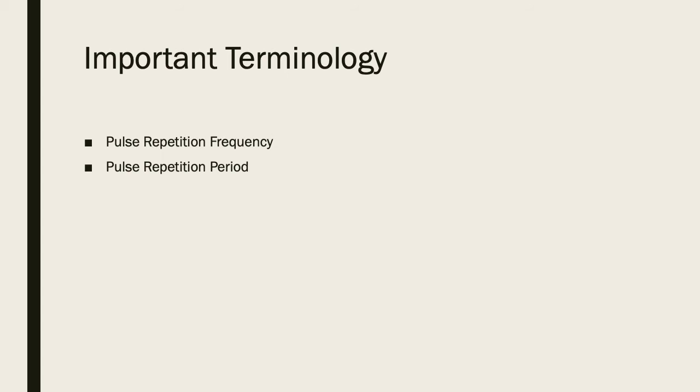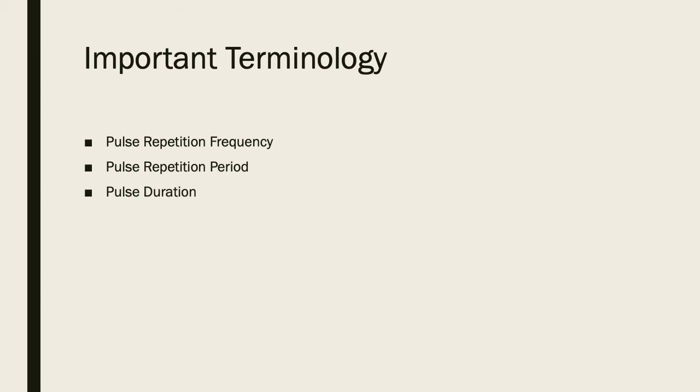If the PRF, or the pulse repetition frequency, increases, it means that there's going to be more pulses per second. So it makes sense that if I have more pulses per second, the time between each pulse is going to be less. Therefore, an increase in my pulse repetition frequency means a decrease in my pulse repetition period.